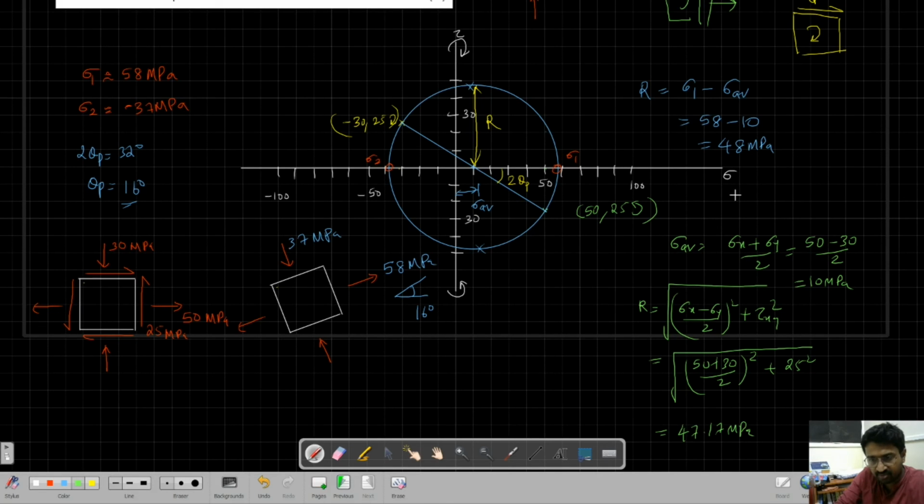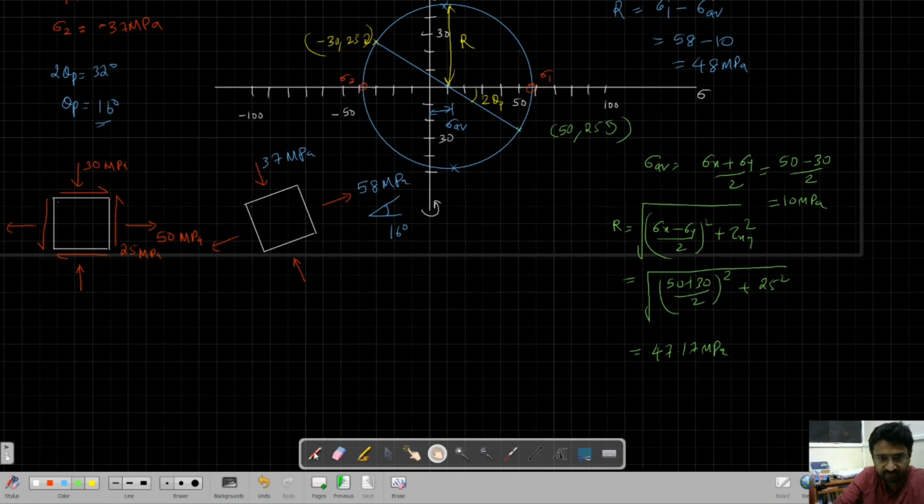Now sigma 1 and sigma 2 are also very easy to find. This is the cross check. I'll just write the heading here: cross check. It is not required, but it is better for your perfect answer. Sigma 1 is sigma average plus radius.